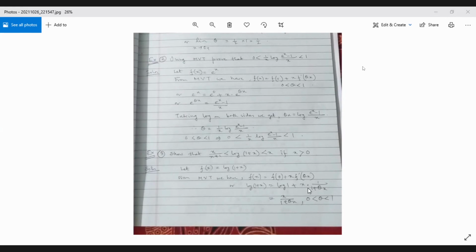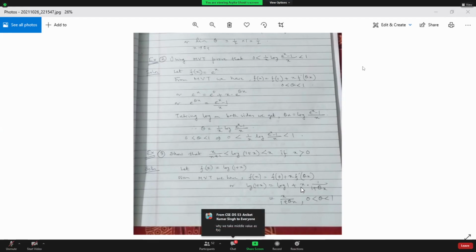So the derivative of log of 1 plus x is 1 by 1 plus x. That is f dash(x). So f dash(theta x) will be 1 by 1 plus theta into x. So this becomes 0 plus x into 1 by 1 plus theta into x, where 0 less than theta less than 1.